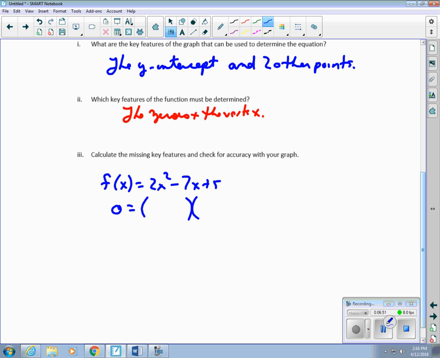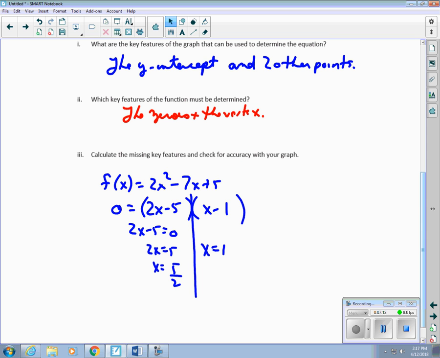If one of my zeros is x equals 1, then right before that is x minus 1, which means this has to be 2x minus 5, which gives me my other zero of 5 halves, which when you look at the graph looks about where it crosses the x-axis.